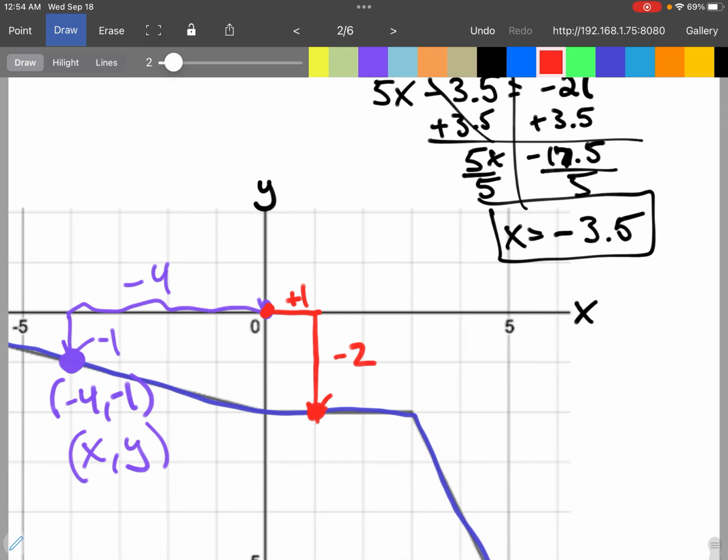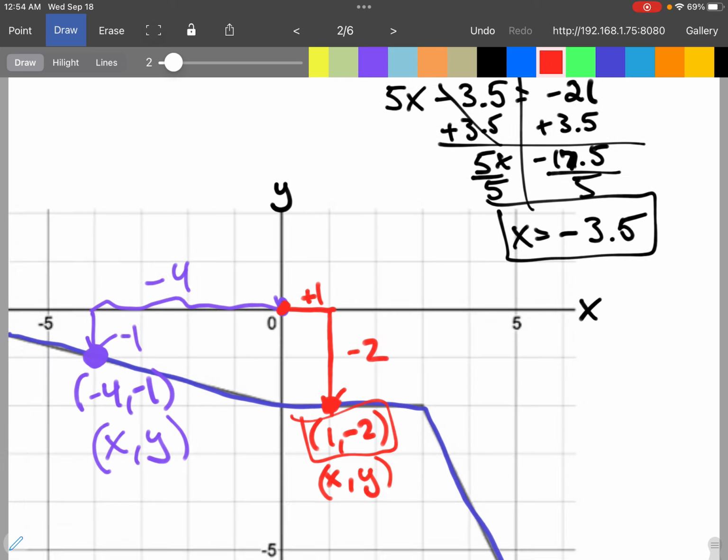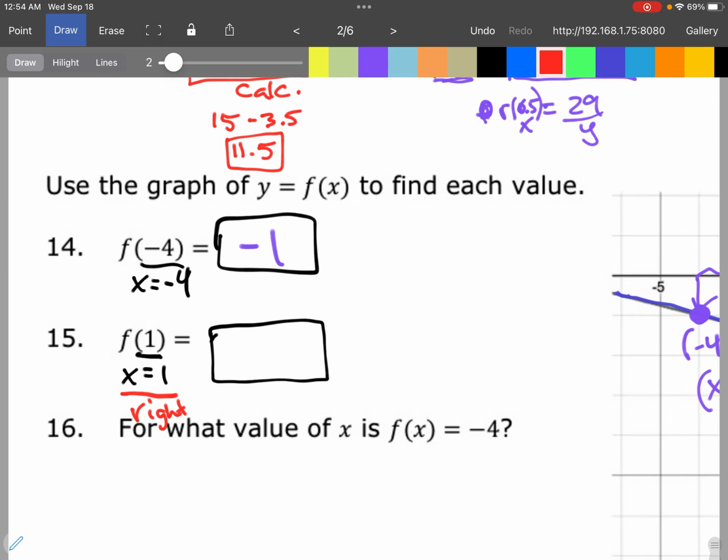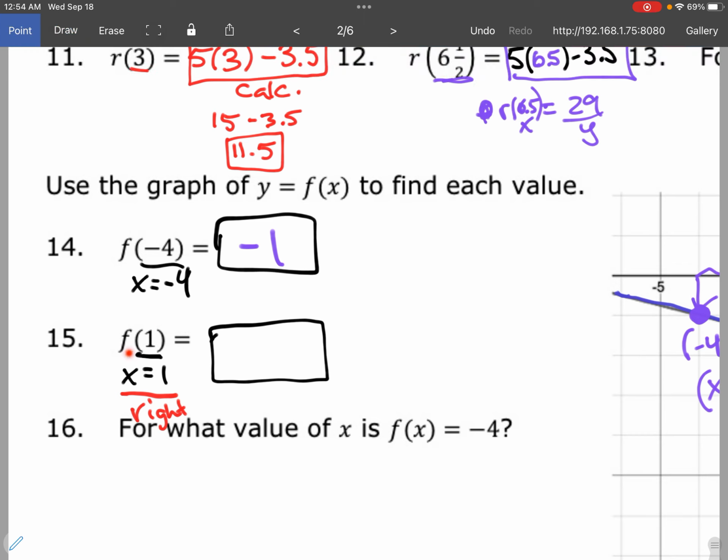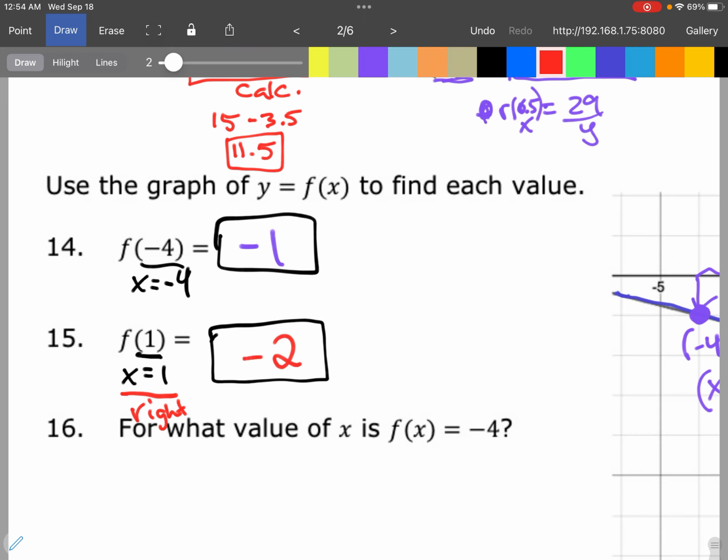This location right here is 1, negative 2. When x is 1, y is negative 2. So for my final answer that I'm plugging in, when x is 1, y is negative 2. All right, easy money.